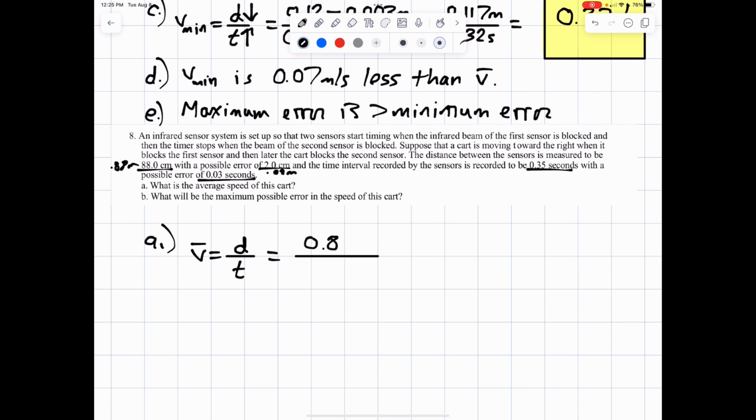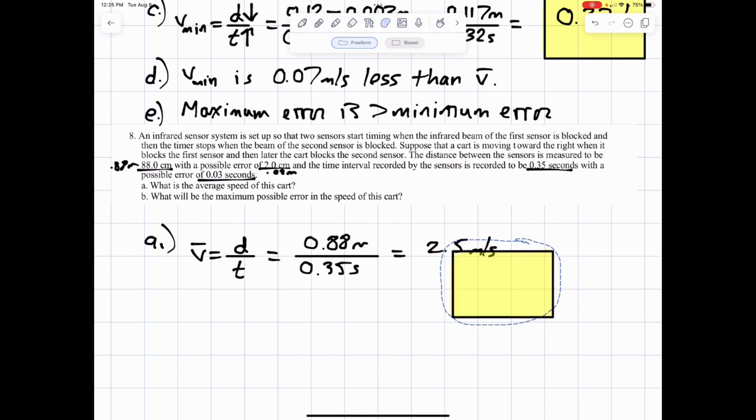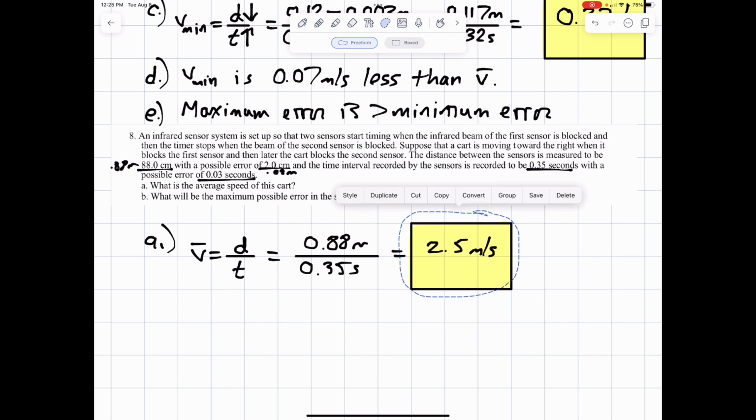We're going 0.88 meters divided by 0.35 seconds. Okay, and you should get about 2.5 meters per second. Okay, again, box or circle your final answer.